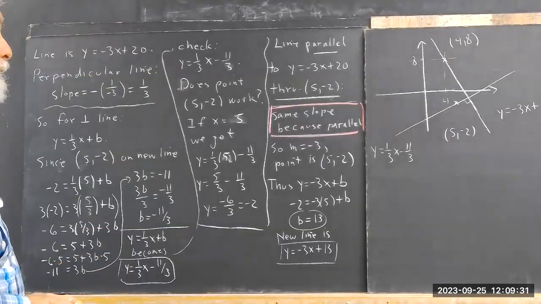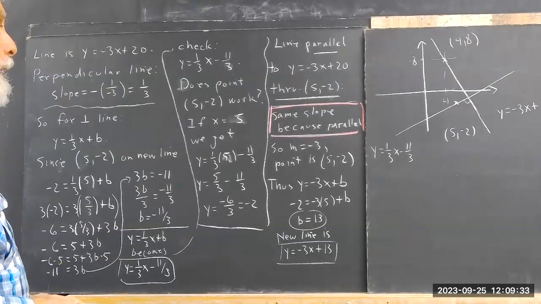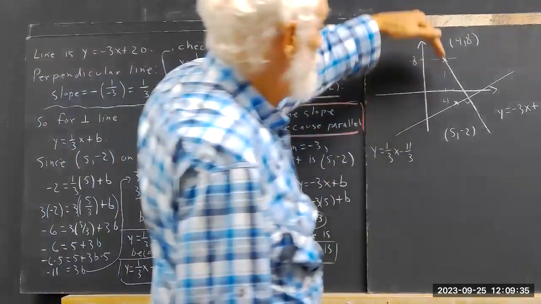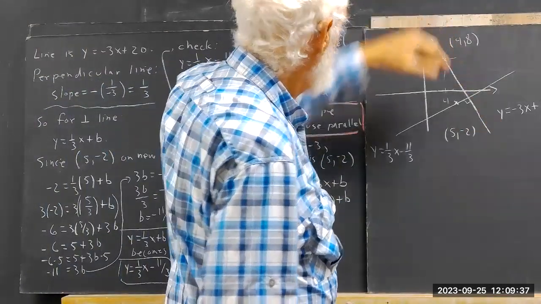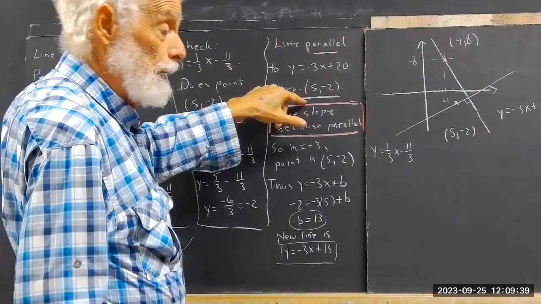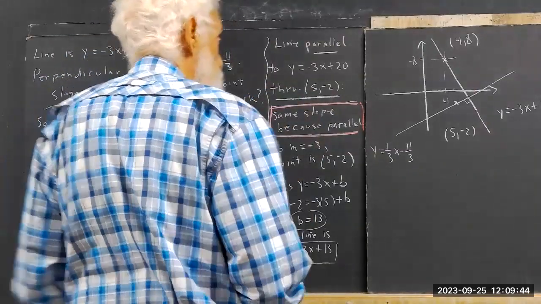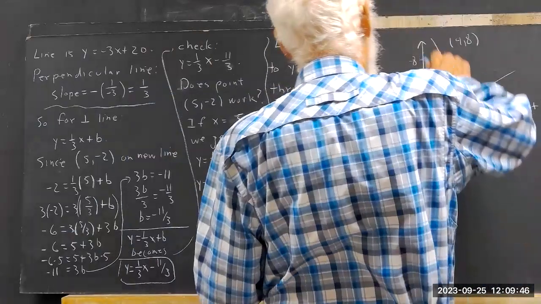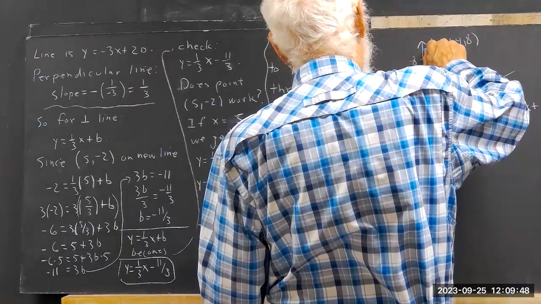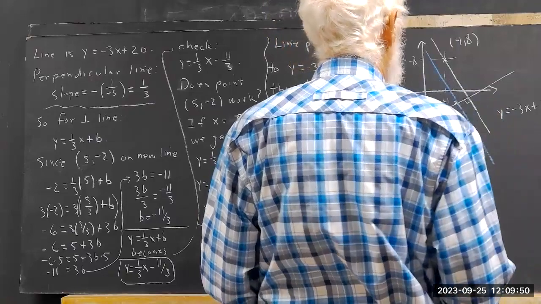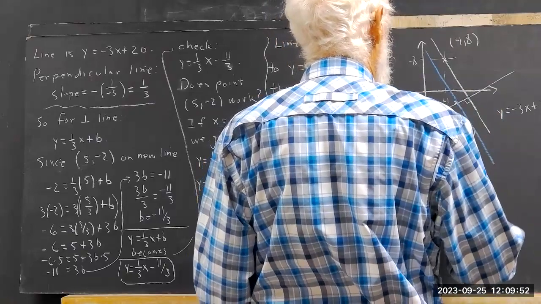Now what we want is a line parallel to this line. It goes through the point 5, negative 2. Now what's that line going to look like? Again, don't take the graph seriously to scale or anything, but this is pretty much what it looks like.